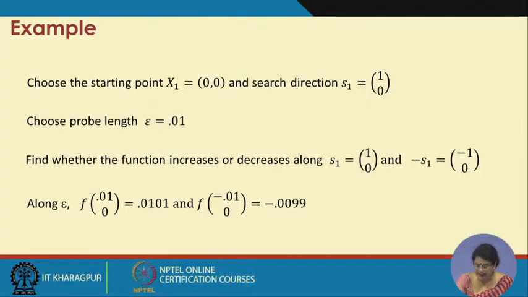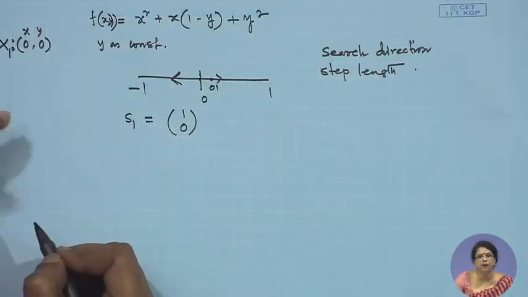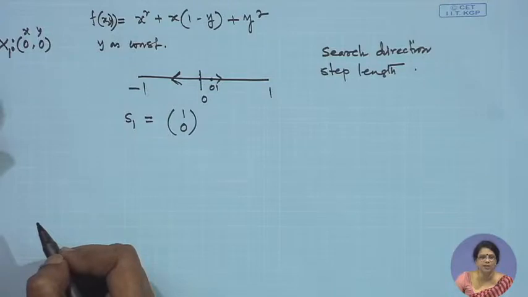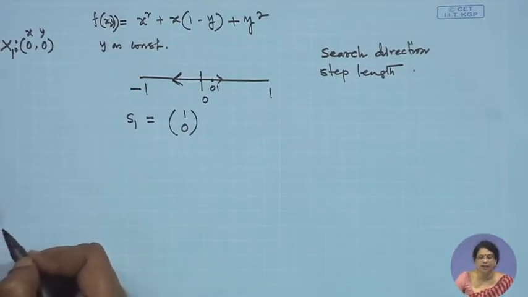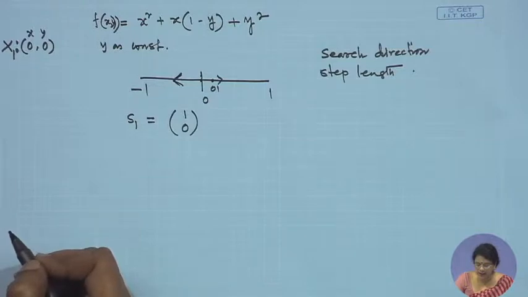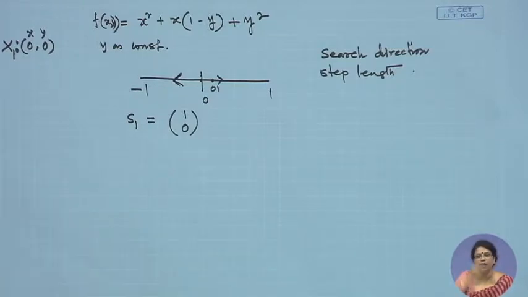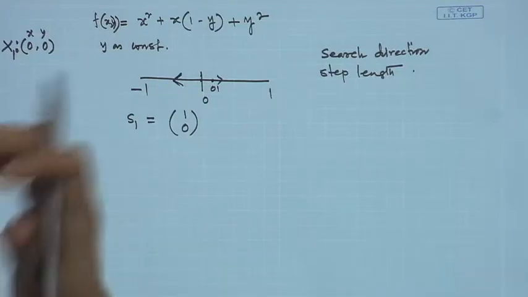Then if I find the functional value at (0.01, 0), that means I am moving from here to 0.01 only. By keeping y constant at 0, we could see the functional value is 0.0001. And what is the functional value at 0 0? That was 0 only. That is why the functional value is increasing on the right hand side.